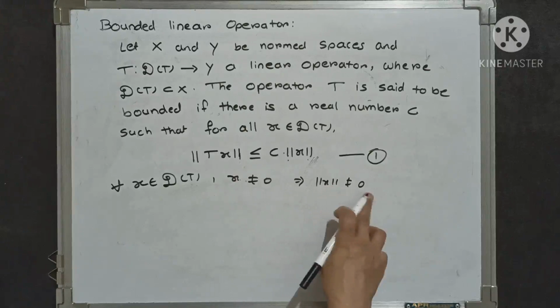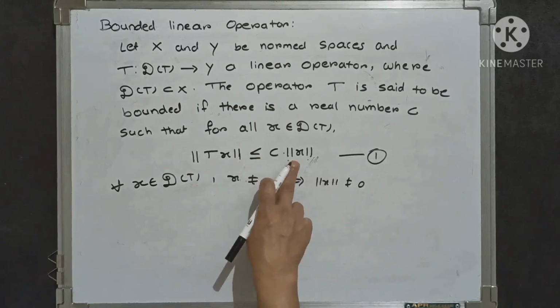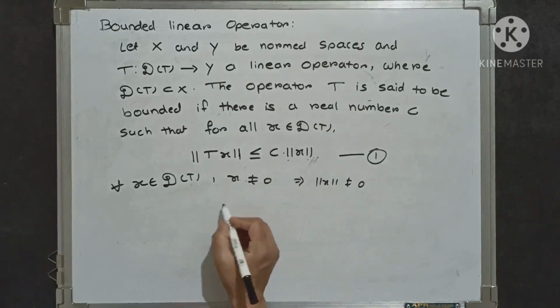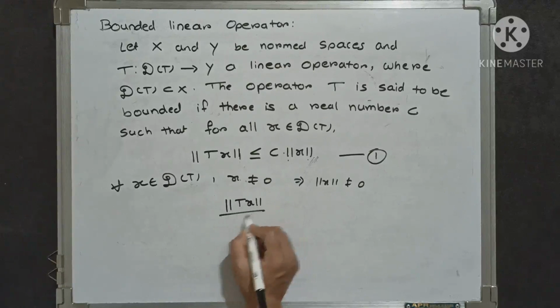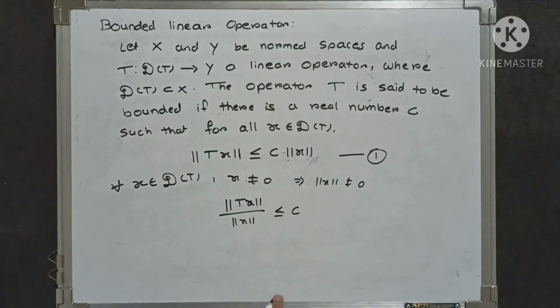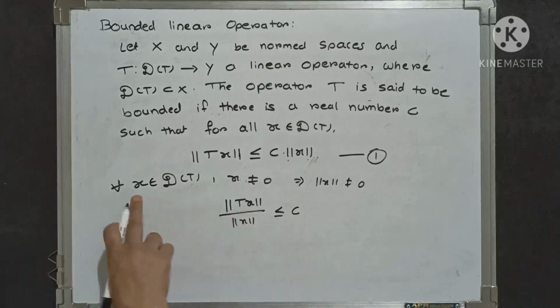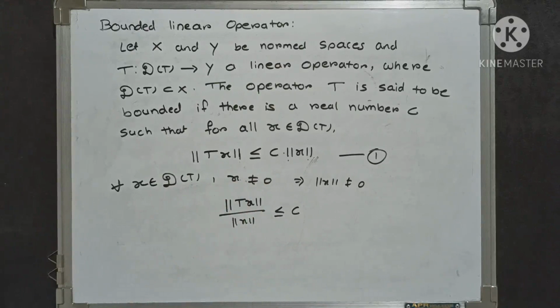As norm of x is not equal to 0, we divide both sides of equation 1 by norm of x, and we get norm of Tx divided by norm of x is less than or equal to C, and it is true for all x belongs to D(T) with the condition that x is not equal to 0.